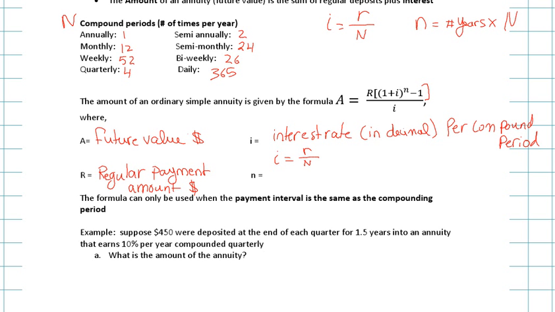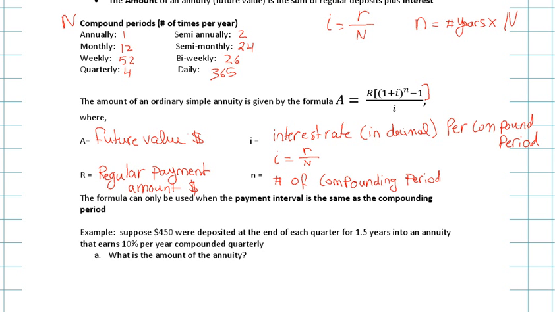And n is the number of compounding periods. As I told you earlier, let's say you're compounding monthly, and I tell you you're doing this investment for 3 years. How many compounding periods is that? 3 years, so it's 36 months, because you're compounding monthly.